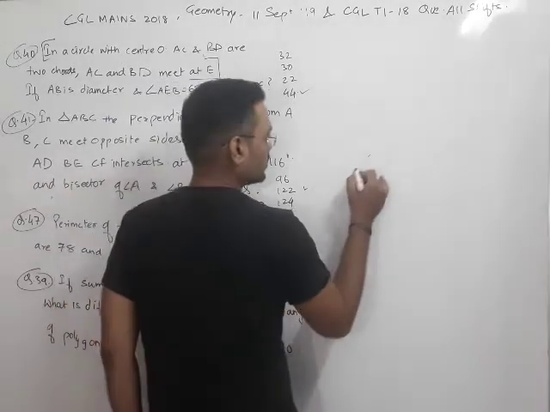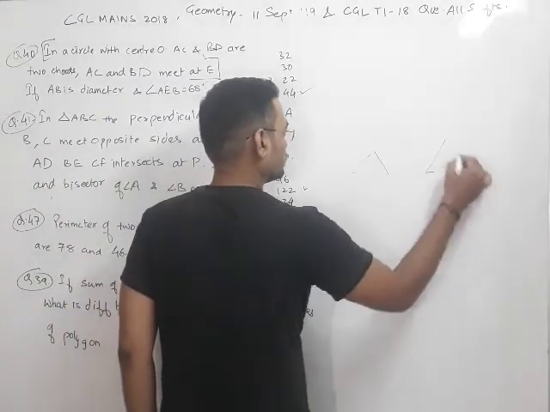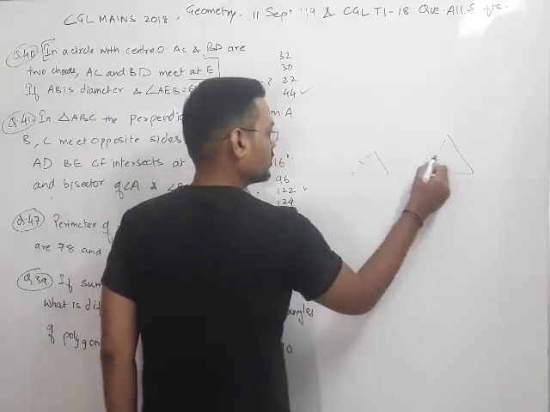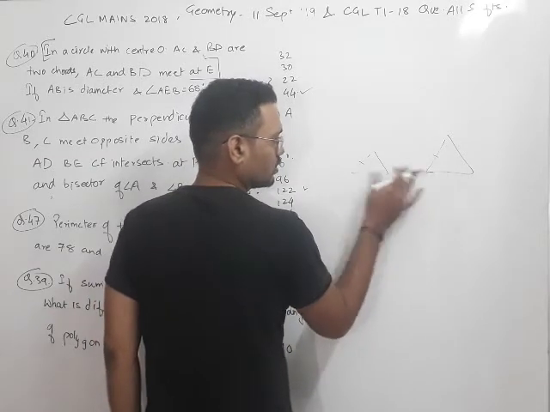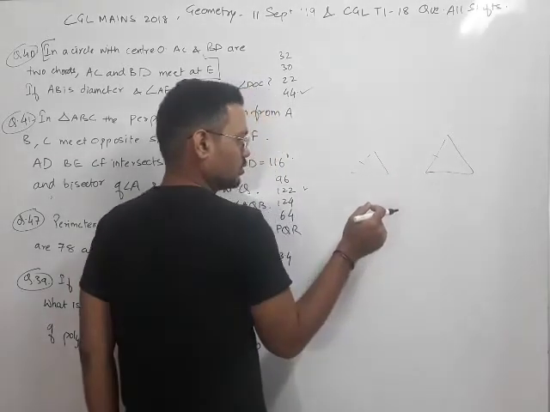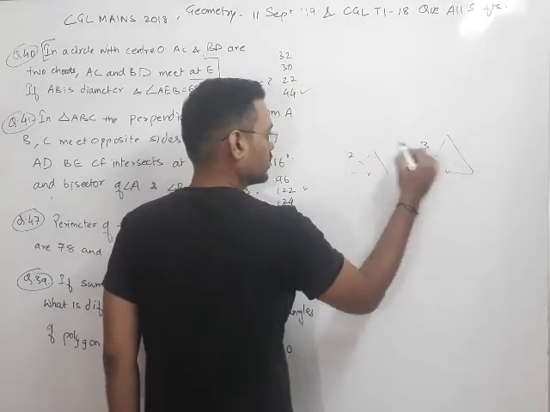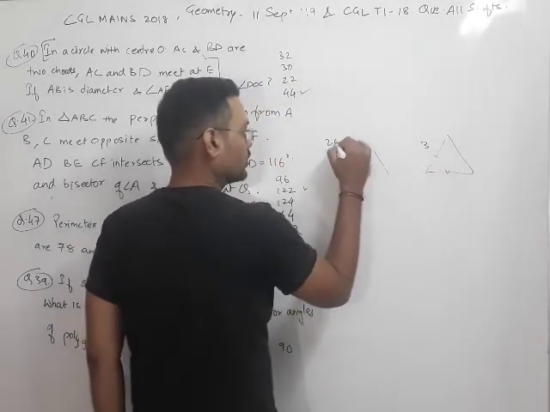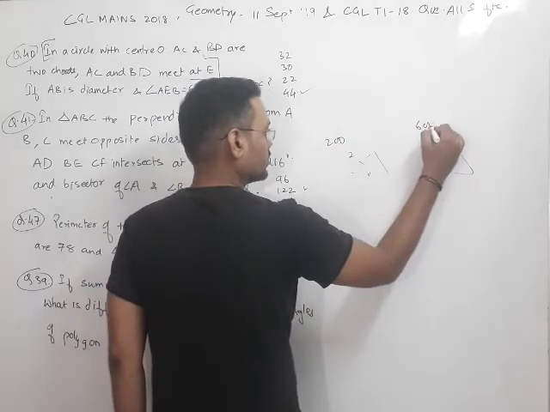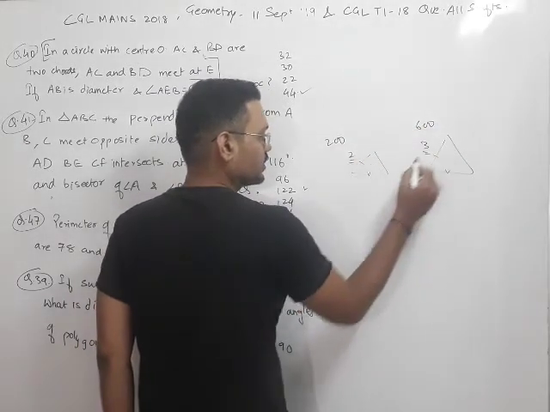Let's say two triangles are similar. Their corresponding sides are in ratio 2:3. It can be 200, it can be 600, but the ratio will always remain the same.